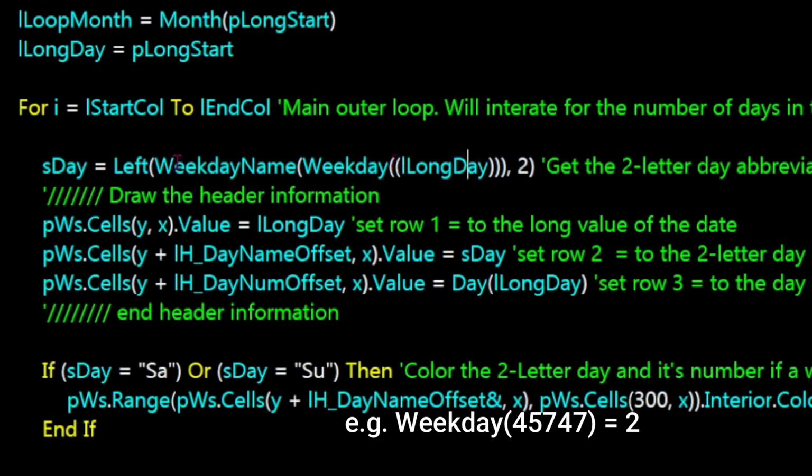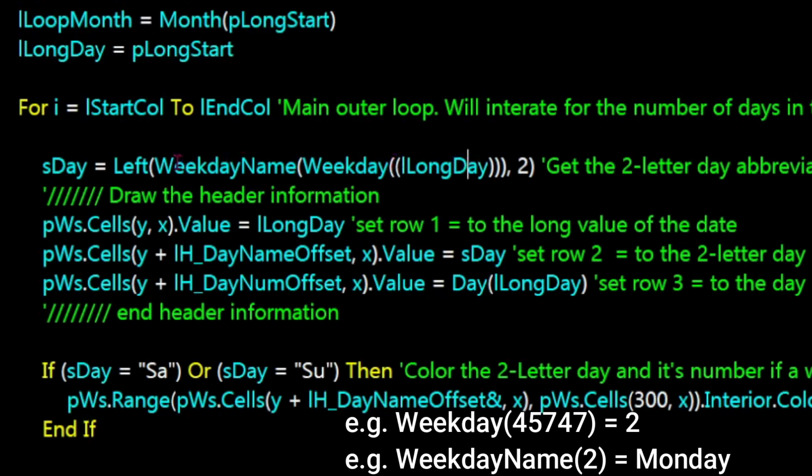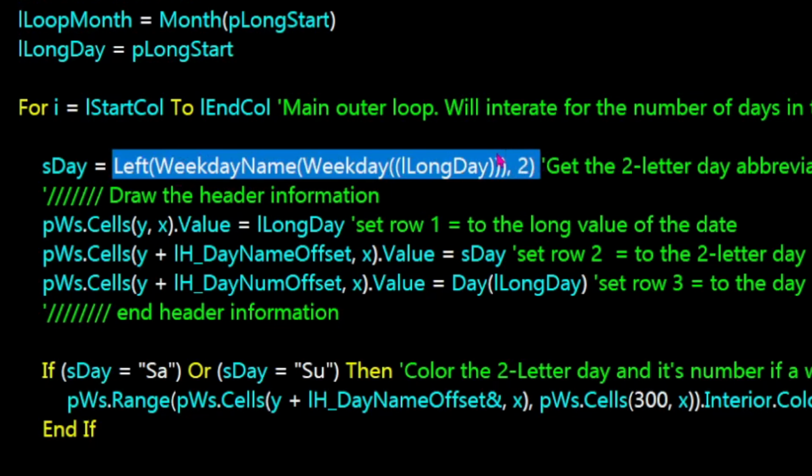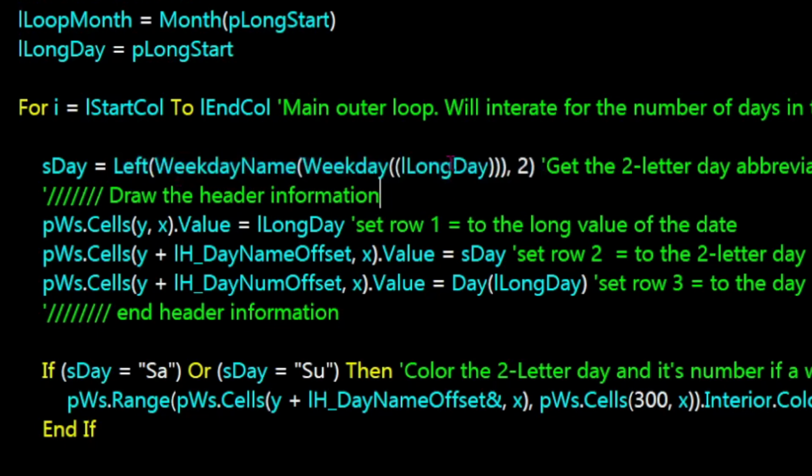Then the weekday name, you have to give it the weekday, 1 through 7. The weekday name will be Monday, Tuesday, Wednesday, Thursday, Friday, Saturday, Sunday. And then left 2 will give you the first 2 letters of that. So this is how you get the first 2 letters of a weekday name if you pass it a long variable. So this is going to be MO for Monday, TU for Tuesday, etc. So we get the 2-letter abbreviation.